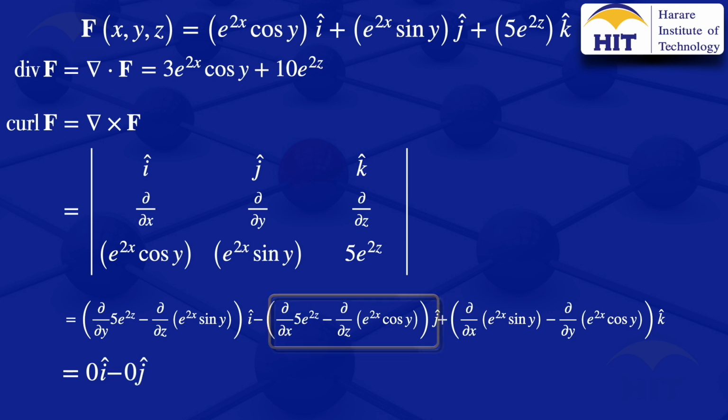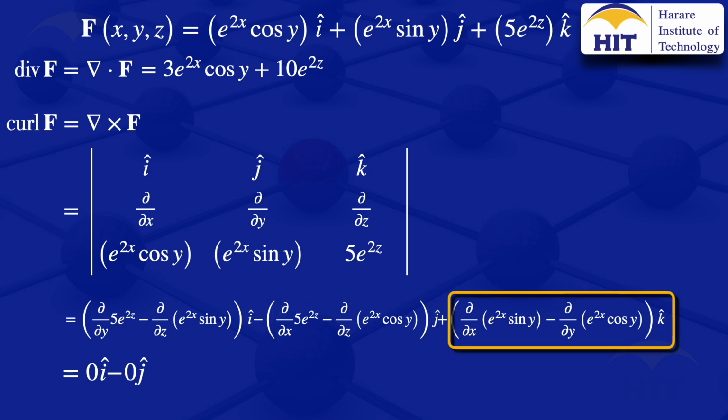I go on to the next part of this one here. We are now evaluating those partial derivatives. The partial derivative of e^(2x) sin y with respect to x gives us 2e^(2x) sin y. Then for the other part, it will give us minus e^(2x) sin y, and it will then cancel out with this minus sign that we have there, so that our result becomes 2e^(2x) sin y plus e^(2x) sin y, k.